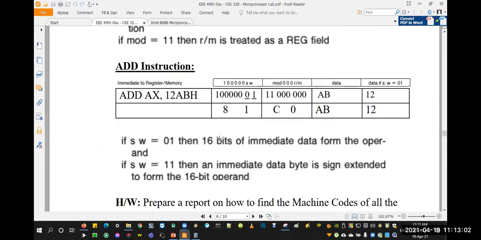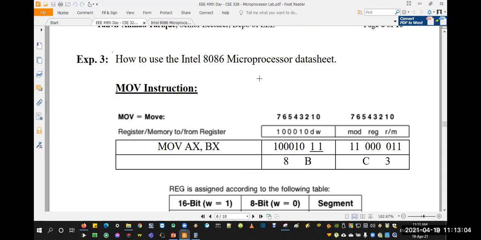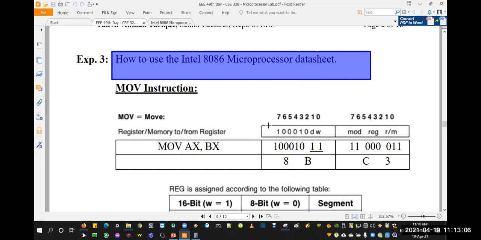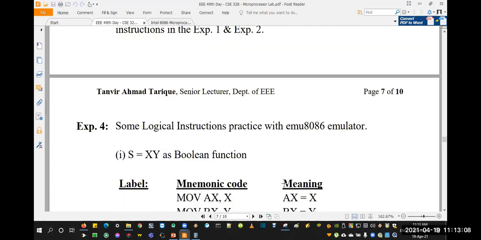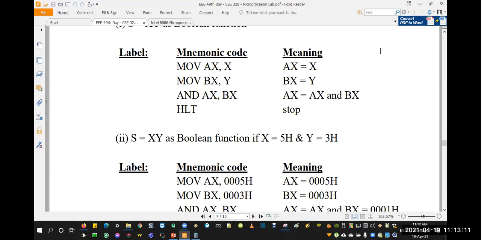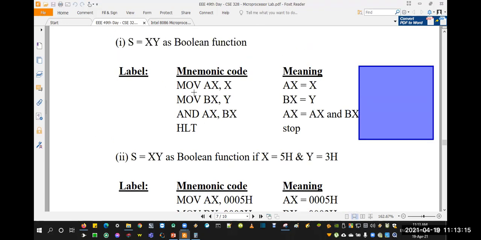You have to find the machine codes for each of these ready-made programs.